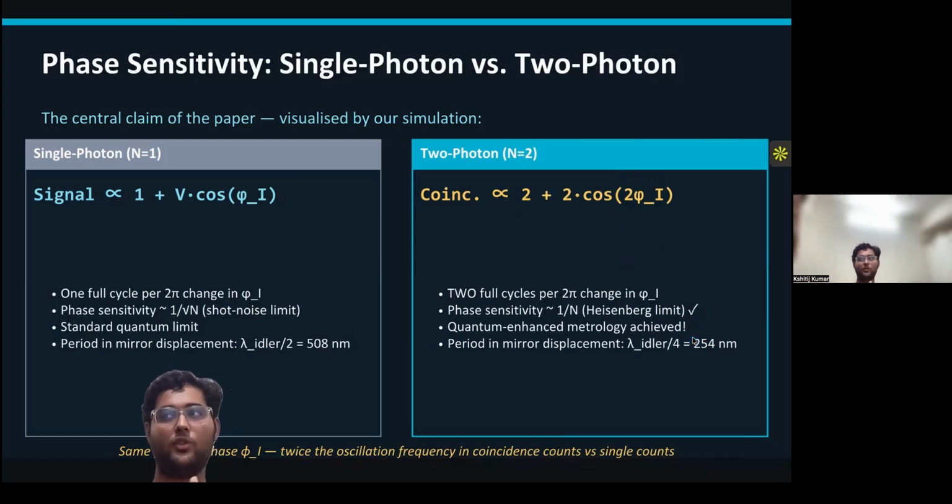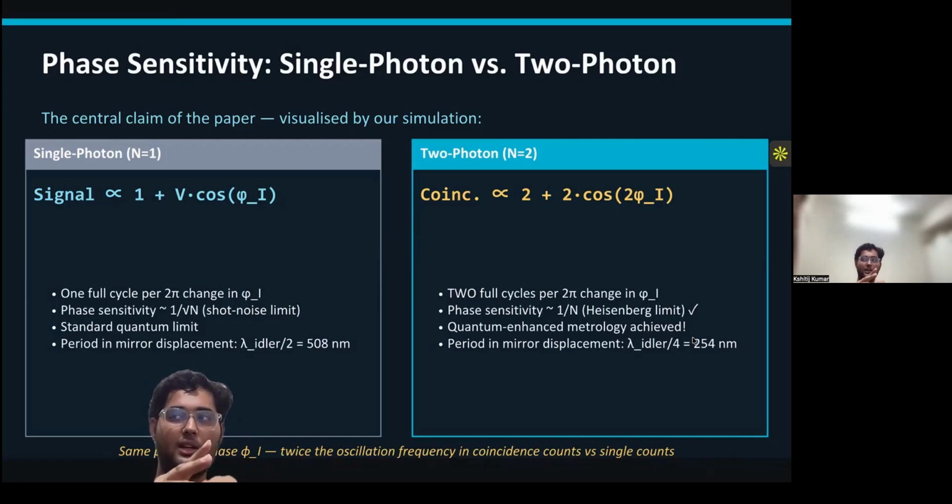The factor of 2 is the entire point. Phase sensitivity now scales as 1 over n, which is the Heisenberg limit, and the fundamental quantum advantage.